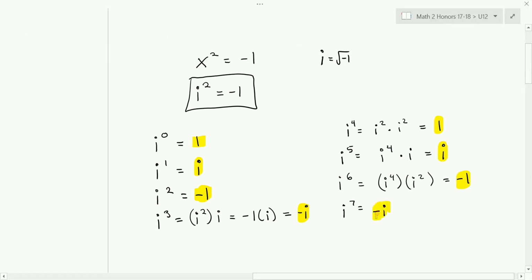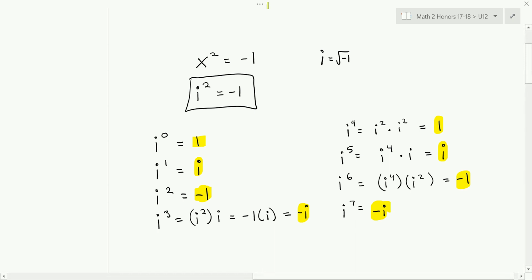So if I say i to the 8th, you're going to say 1. i to the 9th, i to the 10th, i to the 11th, i to the 12th, 13, 14, 15. So there's this pattern of 4 that just keeps going over and over again.